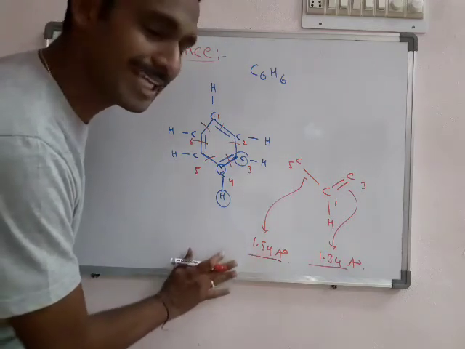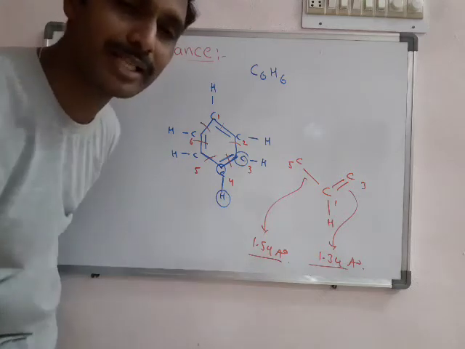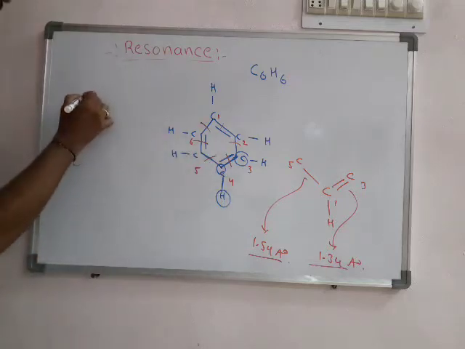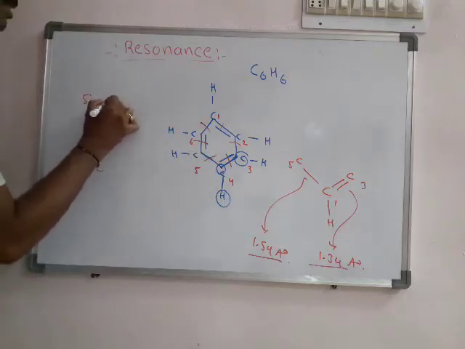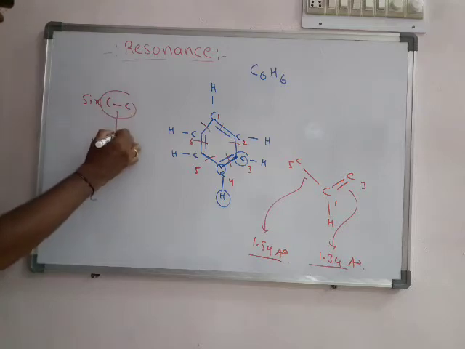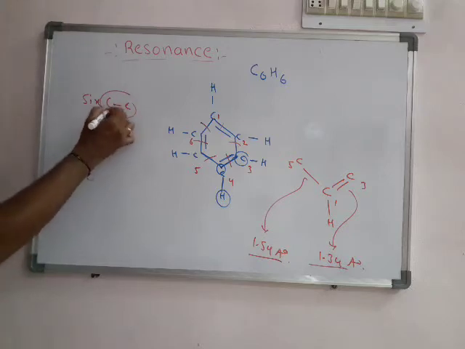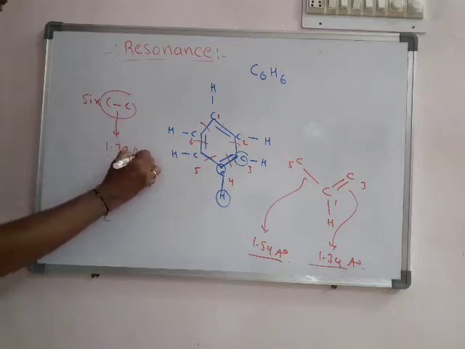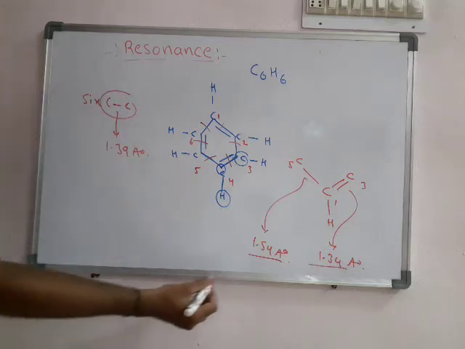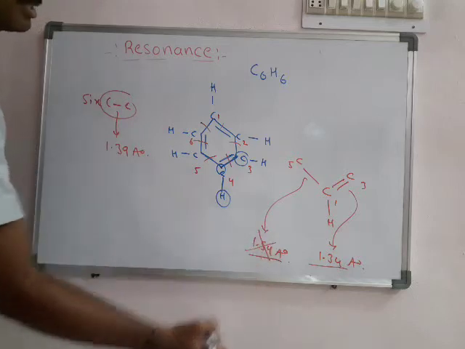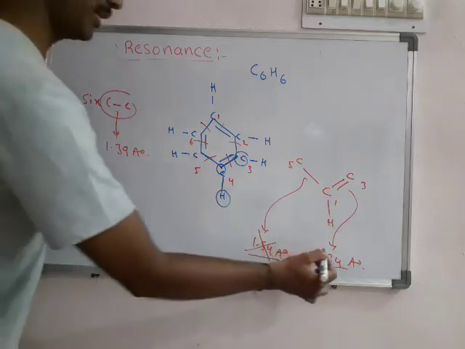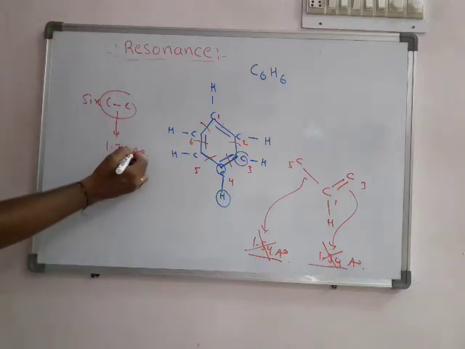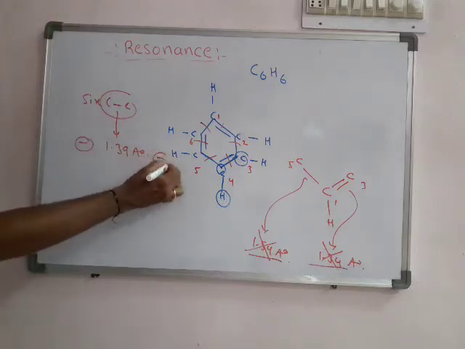But the experimental evidence proves that all 6 carbon-carbon bond distances are equal to 1.39 angstroms, which is not equal to the single bond or the double bond. It is somewhere in the middle of the single bond and double bond.